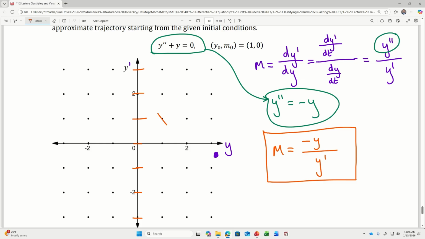In fact, I'll have a slope of negative 1 where they're equal. And when y is negative and y prime is negative, I'll also get negative slopes down here in the third quadrant. Where y is negative and y prime is positive, two negatives make a positive, so I'll get positive slopes here in the second quadrant. And where y is positive and y prime is negative, two negatives make a positive here, and I get positive slopes there.